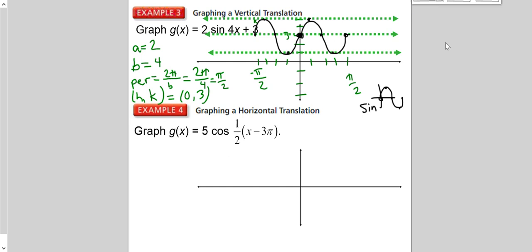All right, on to example 4, cosine curve. What's A? Find A, find B, find the period, and then find your HK.